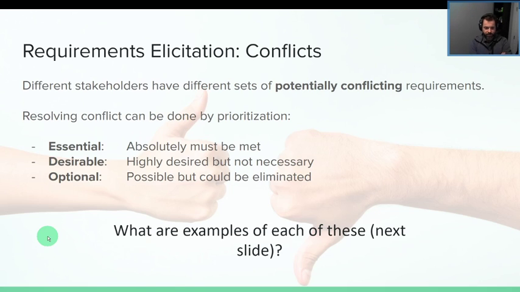Okay, so we will end here with conflicts, and then we'll pick back up on Wednesday. One of the biggest issues that you're going to have with requirements is that your users, your stakeholders, everybody involved may have conflicts with what they want. So the business stakeholder may have completely different requirements than the developer.